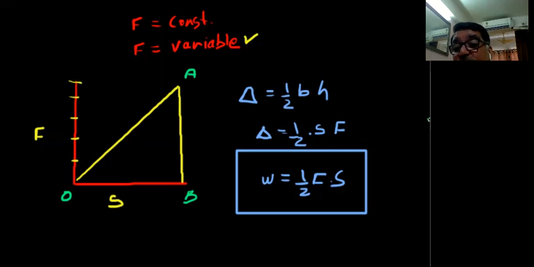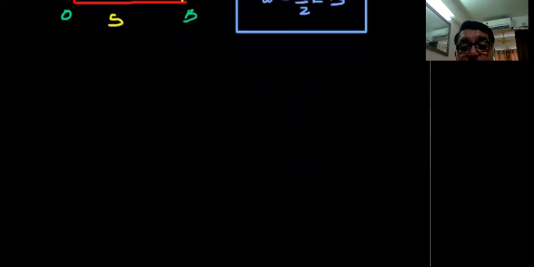The same thing applies if we do it for a constant force also. If the force is constant, the graph will look somewhat like this. Let's say this is our displacement and this is our force. Displacement is taken on the x-axis and force is taken on the y-axis.